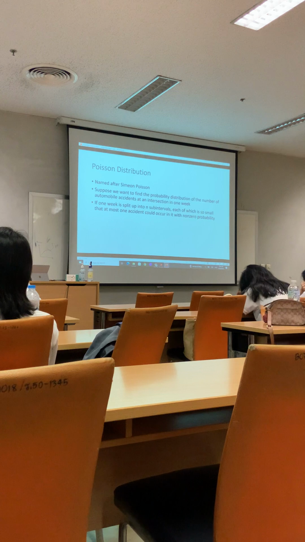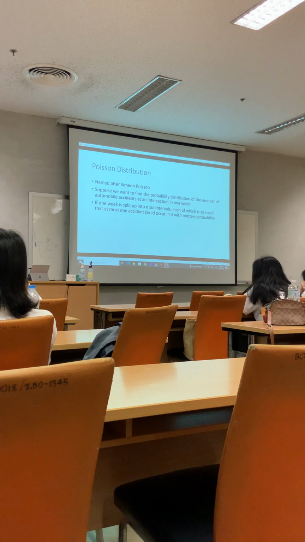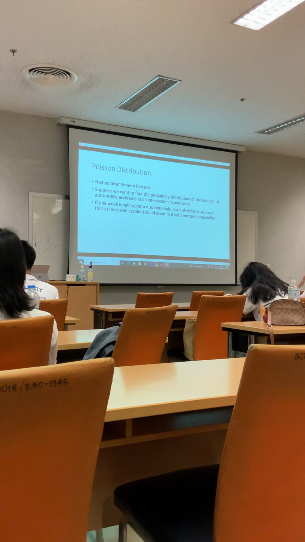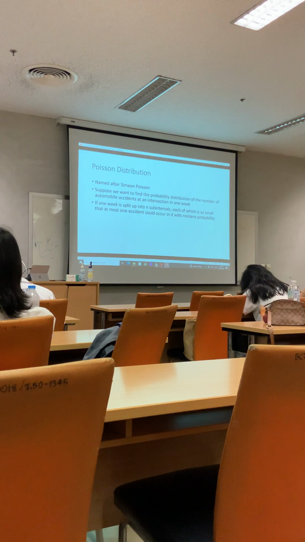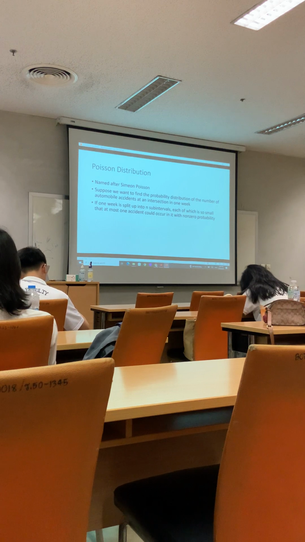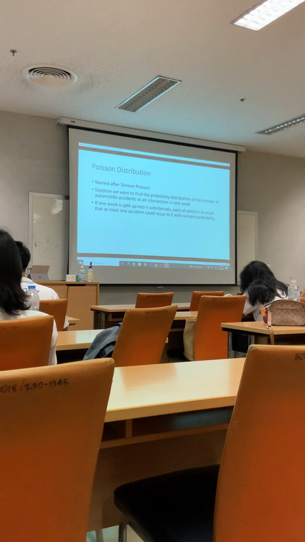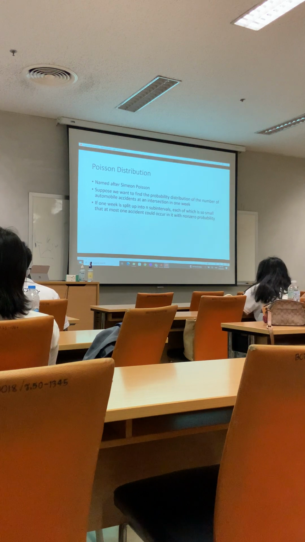Okay, so if 1 week, however, is split up into n subintervals, each of which is so small that at most one accident could occur in it with non-zero probability. Let me explain more on this point, and how it relates to the binomial distribution.